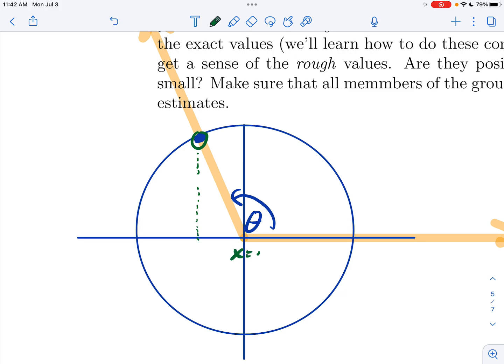Here's x equals 0 at the extreme of the unit circle. Here's x equals -1, and we're somewhat halfway in between. So if you said cosine of theta is approximately -1/2, that's a pretty good estimate. Anything in that ballpark. It's definitely negative, and it's kind of a medium negative. Not too close to 0, not too close to -1.